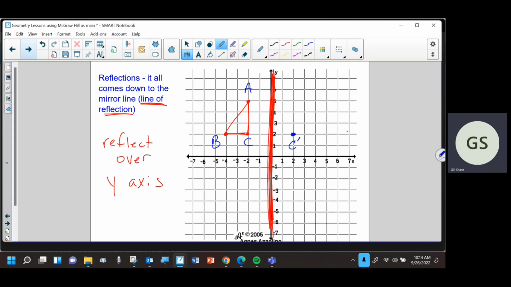If I'm only 2 spaces from that line of reflection, I need a point on the other side. The point has always got to be on the other side of the line of reflection. So again, you may want to jot that down. You'll never create this point on the same side of the line of reflection. It's on the opposite side and it's the same distance away. So that's my A prime.